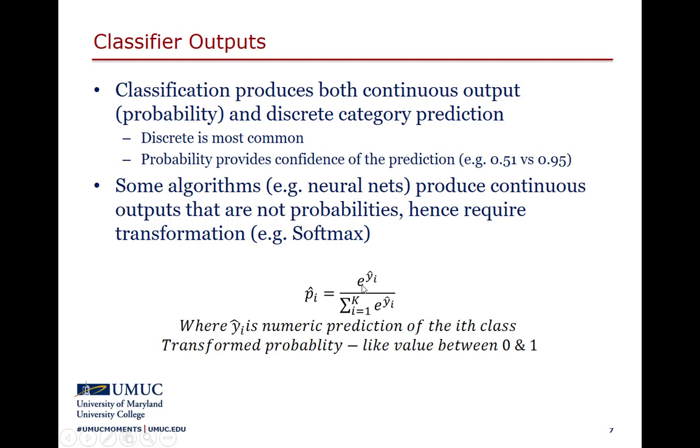So you have to take the exponent, e to the estimated target, the prediction, and you normalize by the sum of that same quantity. Okay, and that will make it look like a probability. It's not a probability, but it would resemble the characteristics of a probability output.